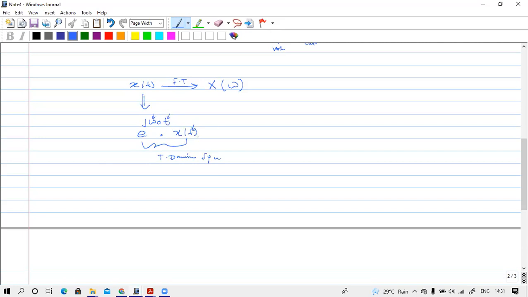So this is a time domain signal, but it is multiplied by the term e to the power j omega naught t, so you will get the resulting signal. The Fourier transform will be the frequency shifted version of the Fourier transform, that is X(omega minus omega naught). So this is the frequency shifting property.